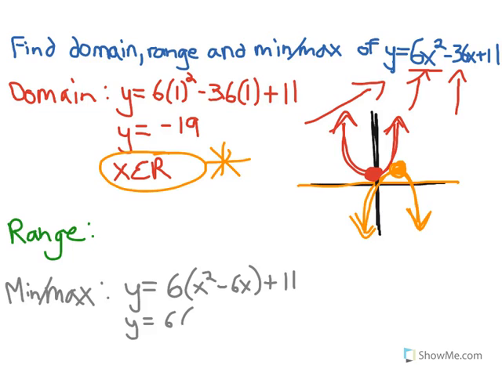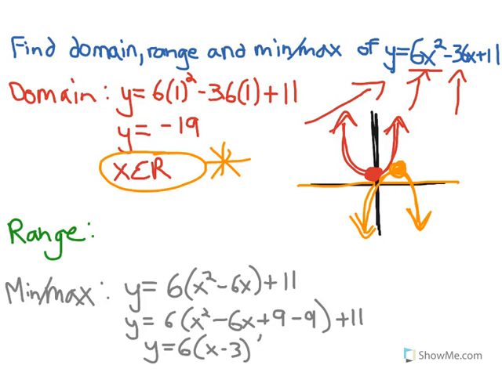We're going to take -6 divided by 2, which is -3, and square it, so that'll be plus 9. We want plus 9, but you can't just add 9 in without creating an imbalance, so you also have to subtract 9, and you still have the plus 11. The reason we did the 9 was because that will cause a perfect square of (x - 3) squared.